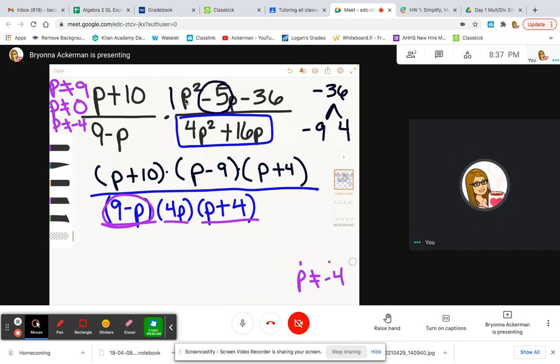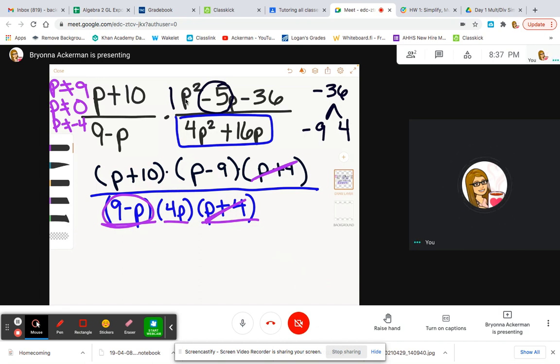Okay. Now that we've gotten the restrictions, we can go through these and start to eliminate. And so you'll notice I have a p plus 4 here and a p plus 4 here. Those are going to cancel each other out because p plus 4 divided by p plus 4 is 1.